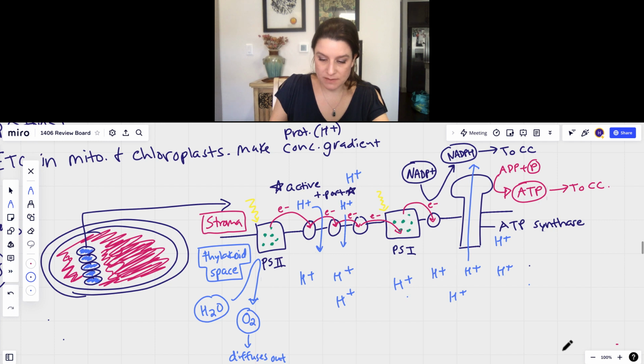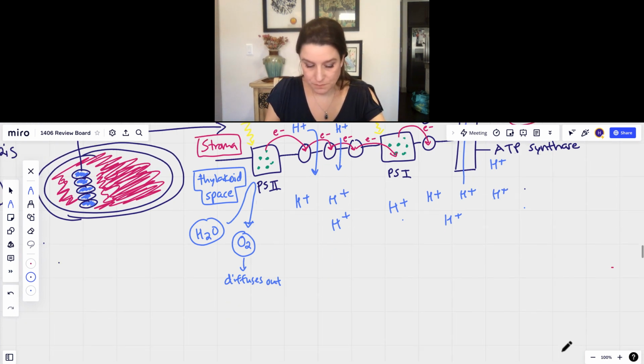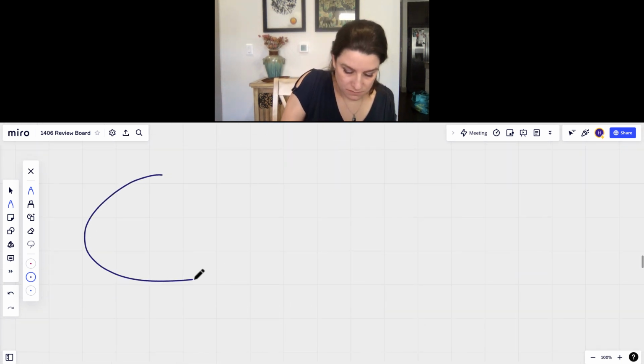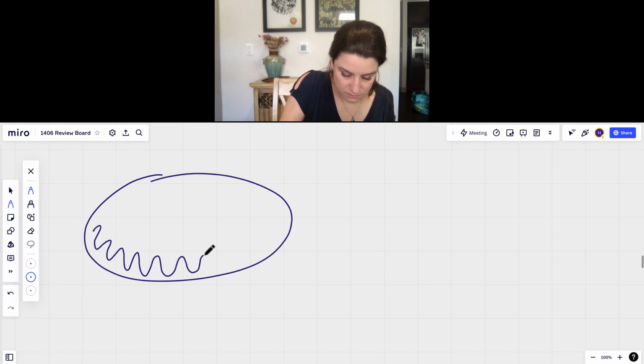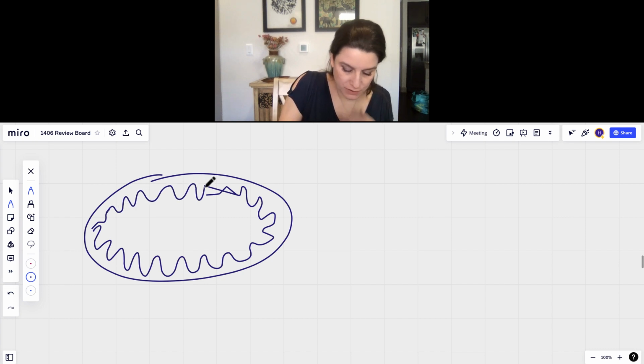Similar process happens in cellular respiration. You can, of course, pause it there if you need to look at that. There's the mitochondrion. Also a double membrane organelle.